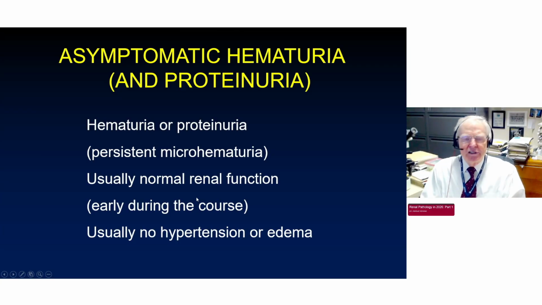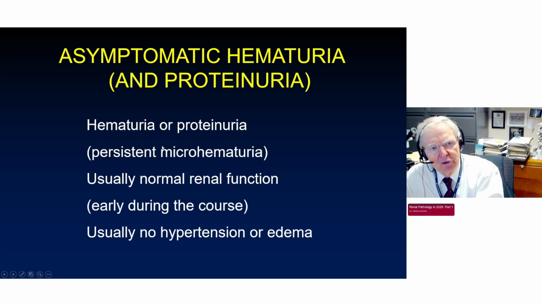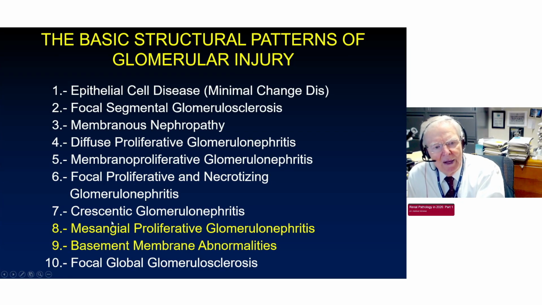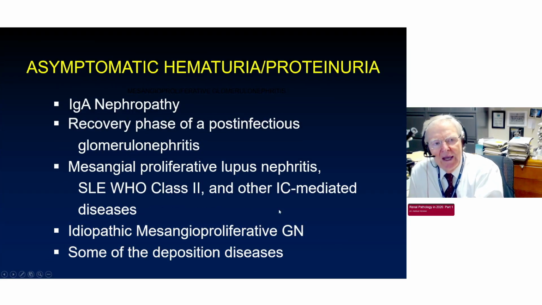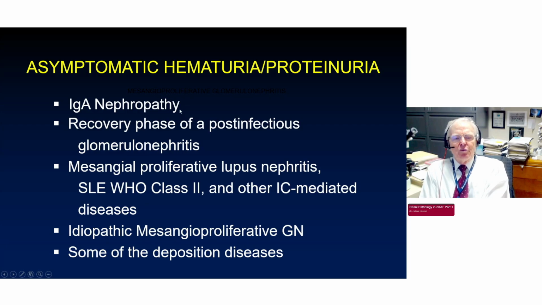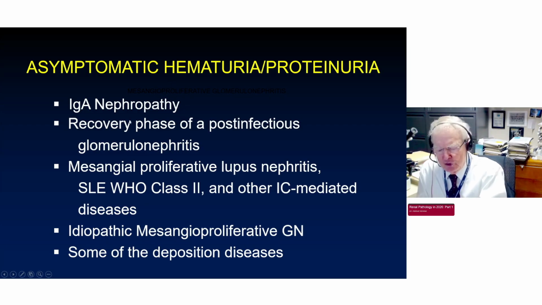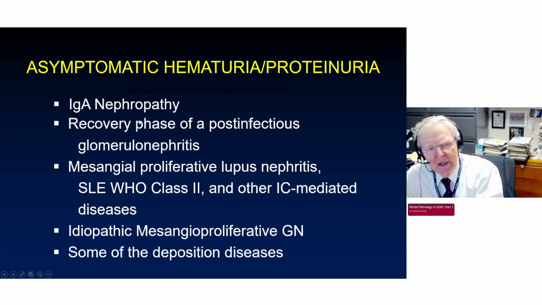And finally, the asymptomatic hematuria and proteinuria, classically exemplified, of course, by a mesangial proliferative GN that not infrequently results from an IgA nephropathy, which is probably the most frequent cause of this pattern of injury in patients with asymptomatic hematuria and proteinuria.